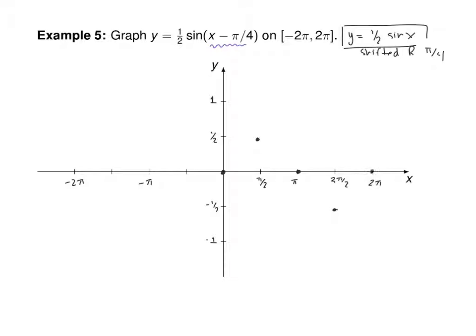And by 2 pi, you're back at 0. Okay, and there's the pattern in the negative direction.